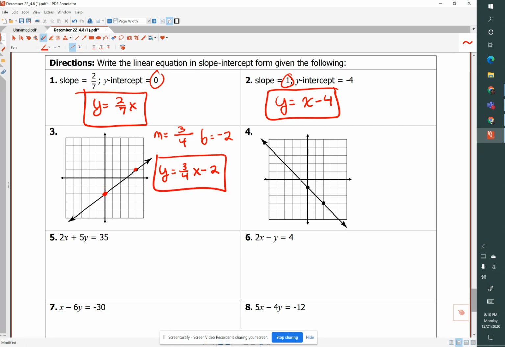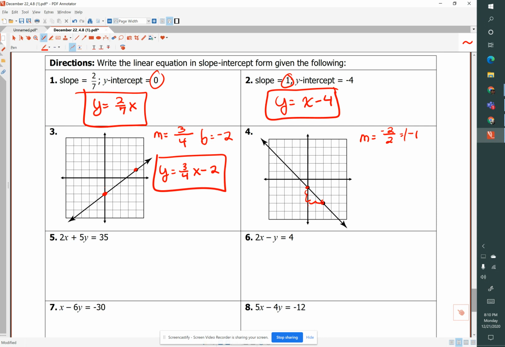There's our slope-intercept form. We have a negative slope in number 4. So let's figure out what the slope is. So the rise is -2, 1, 2. And the run is +2. So -2 over 2 equals -1.